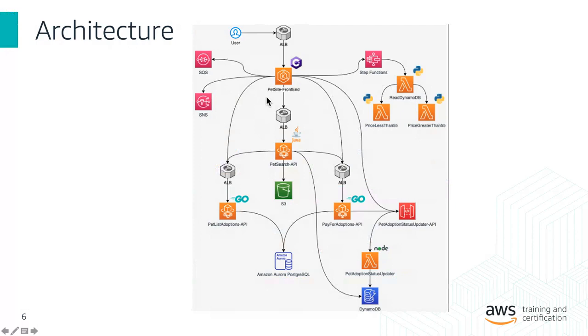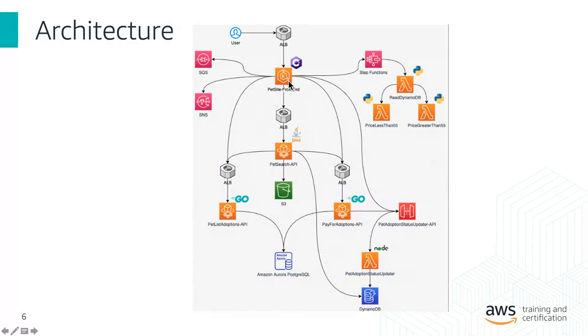And this is where we have the front end. The front end is responsible for serving the CSS file, the HTML file, and everything. But when it wants to get more information, like applying the search filter, it has to call another service. And here we have another service called Pet Search API, which also relies on two other services here.